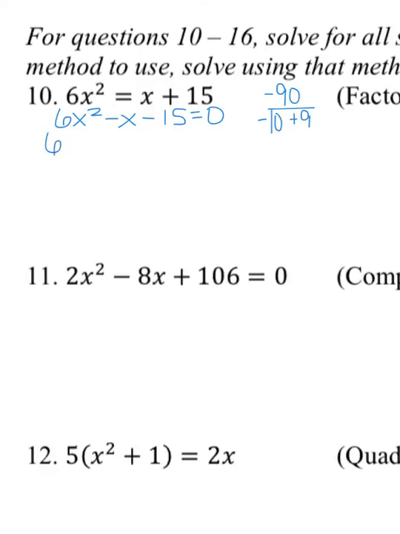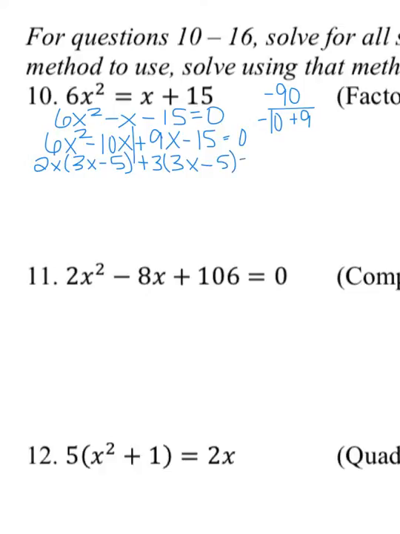So this is now 6x squared minus 10x plus 9x minus 15 equals 0. I split it down the middle. Over here, my GCF is 2x. I'm left with 3x minus 5. On the other side, I can take out a positive 3, and I'm left with 3x minus 5. So this is 3x minus 5 times 2x plus 3 equals 0.